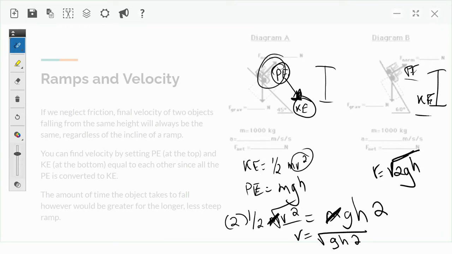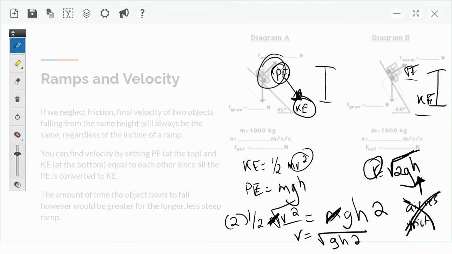So the final velocity is only dependent on the height at which something is dropped. And there's two reasons for this. One, there's no friction. We're ignoring friction. And number two, we're ignoring air resistance, which is the same thing as friction. No air resistance and no friction.